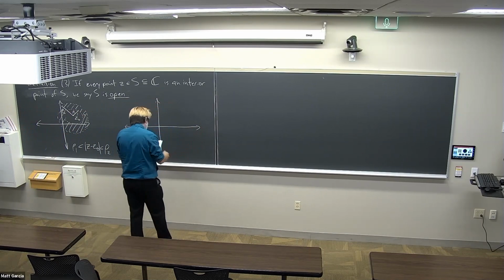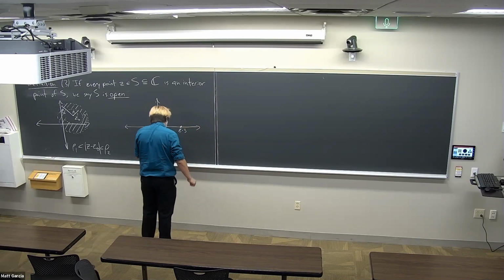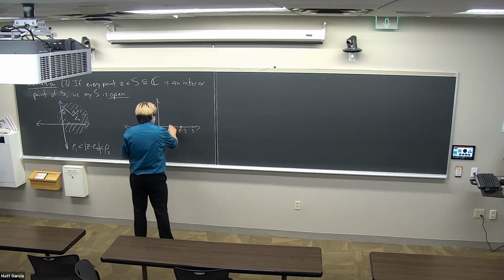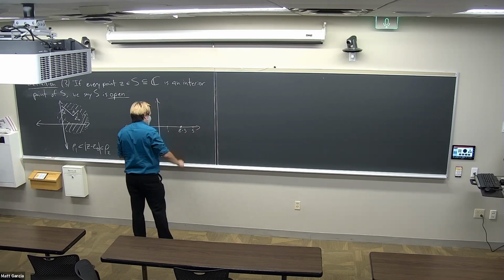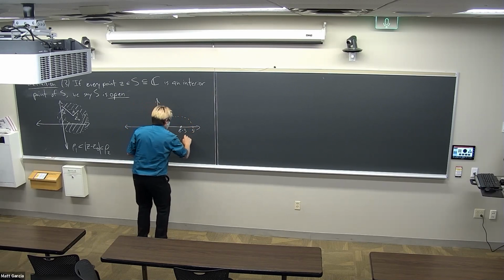I'm not going to draw this to scale. Here's the complex number Z, which is just equal to 3. And I'll say 5 is here and 1 is here, which is obviously not to scale, but okay.